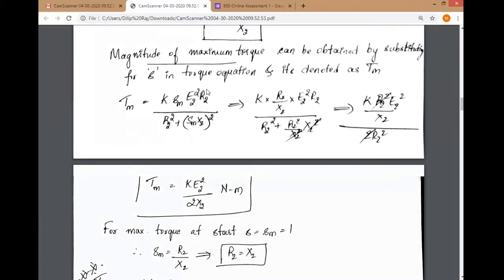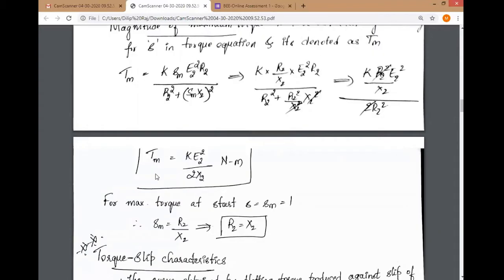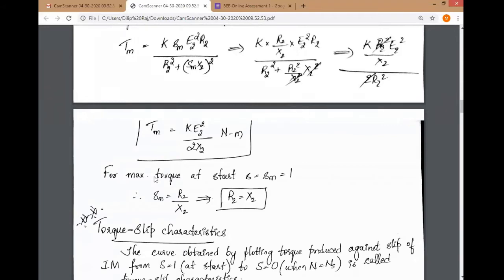Remembering this formula is easier because this is the general torque equation in which we have substituted Sm in place of S, and we know that Sm is given by R2 by X2. And in order to obtain the maximum torque during starting, we know the value of slip during starting is 1.